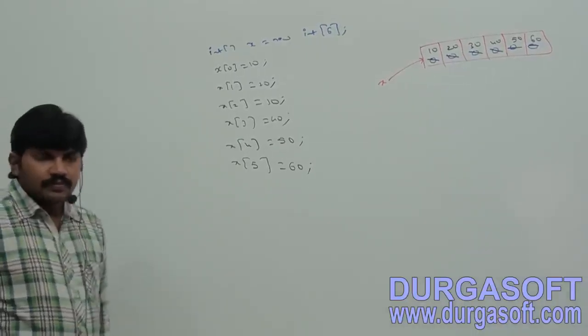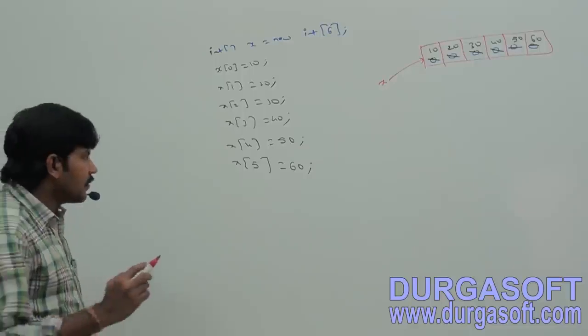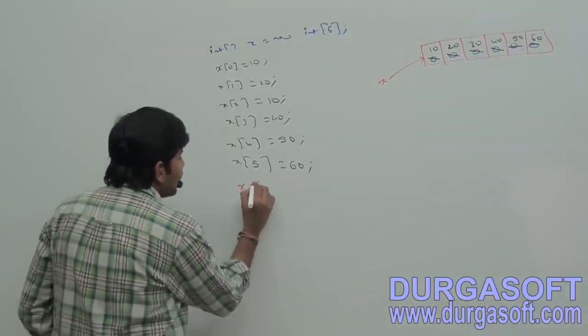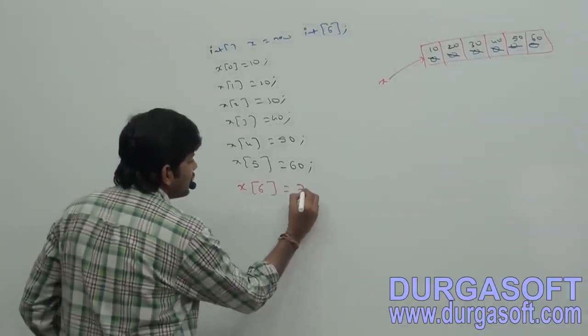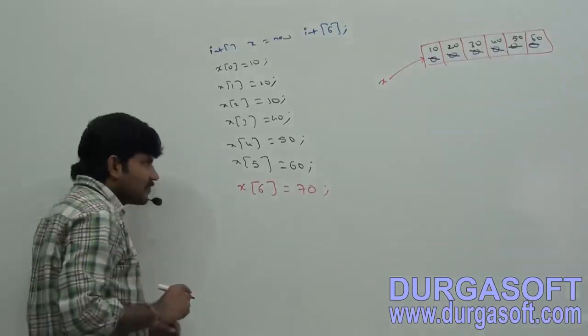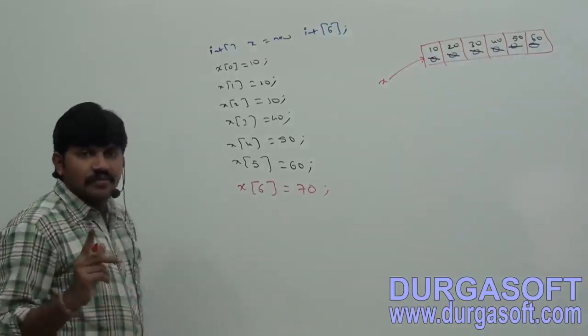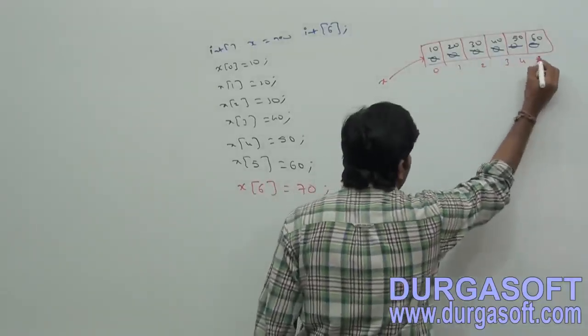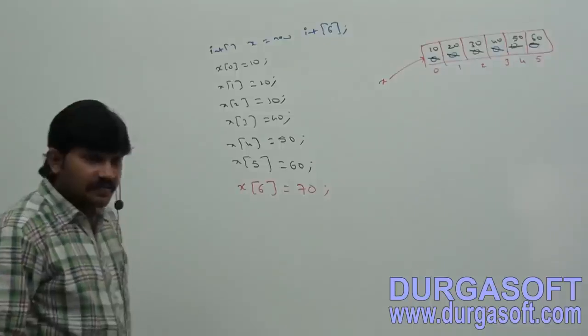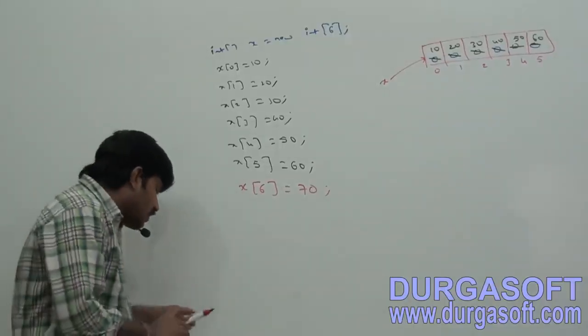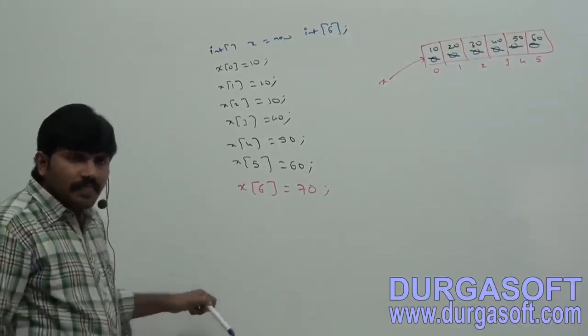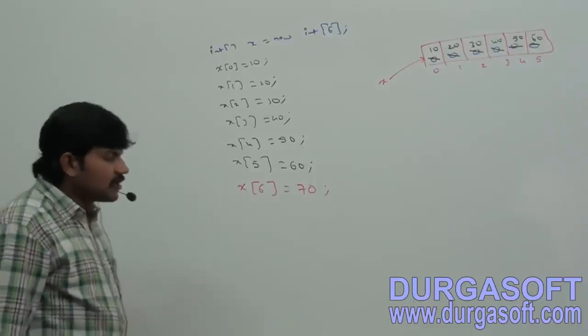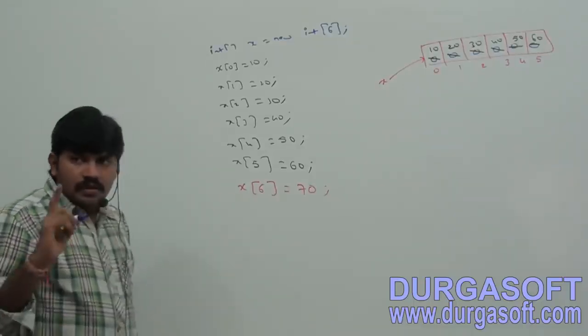Next one, here, sir, x of 6 is equal to 70, like this I am taking. Is it valid or invalid? Because 0 1 2 3 4 5 are the valid indexes. X of 6 is equal to 70, what will happen?